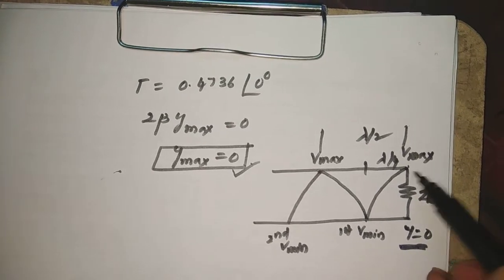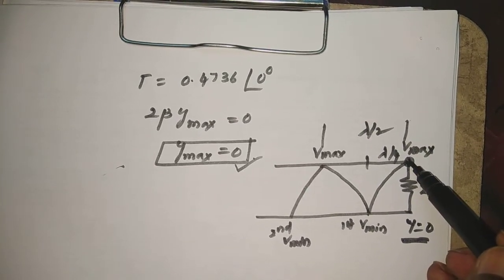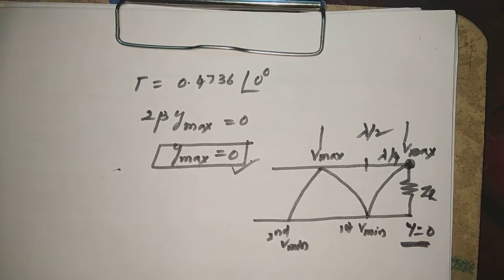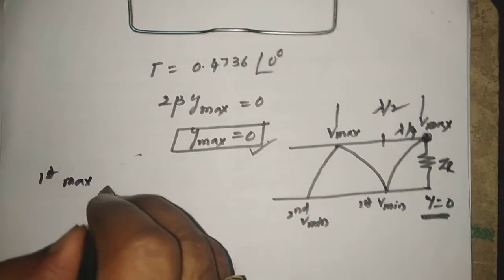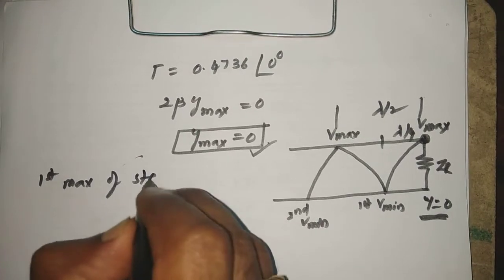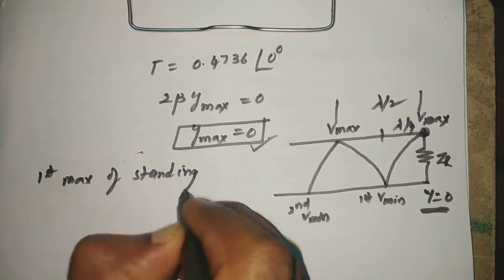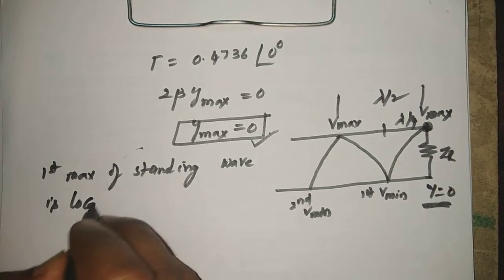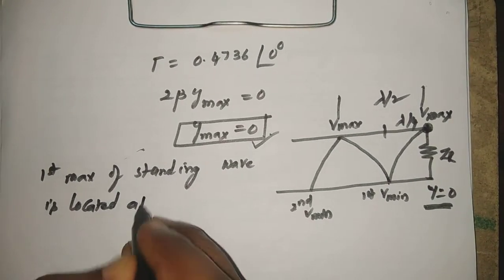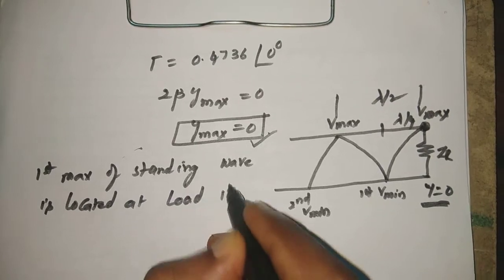So the first V maxima occurs at y equals 0, at the load itself. The first maximum of the standing wave is located at the load itself.